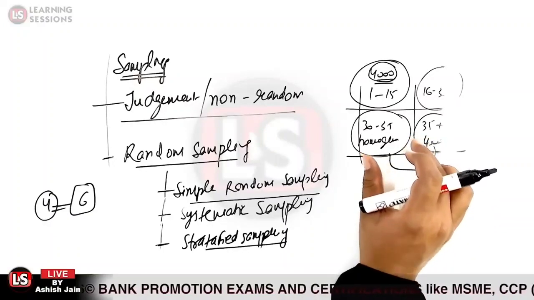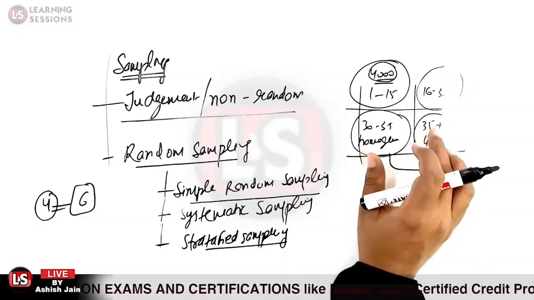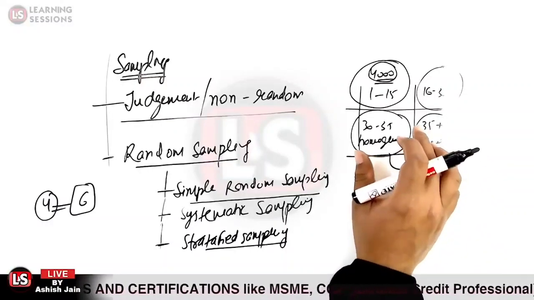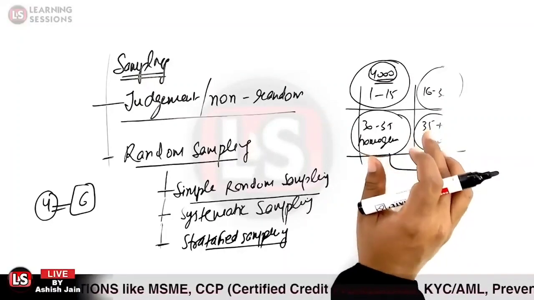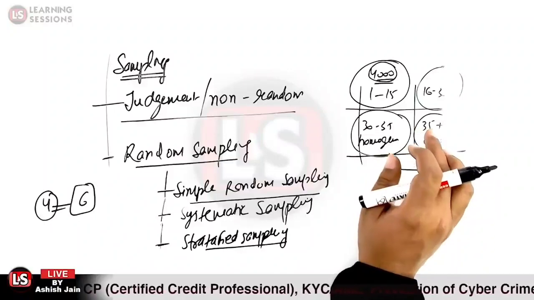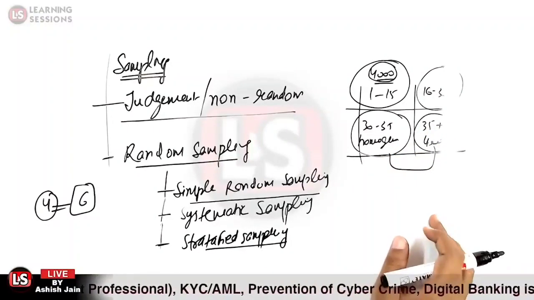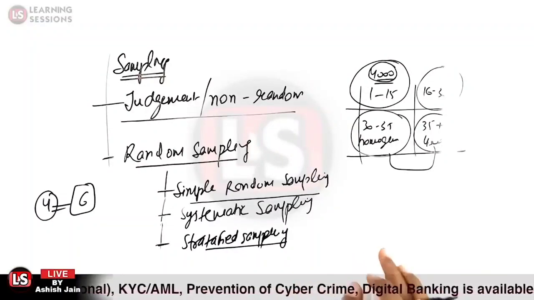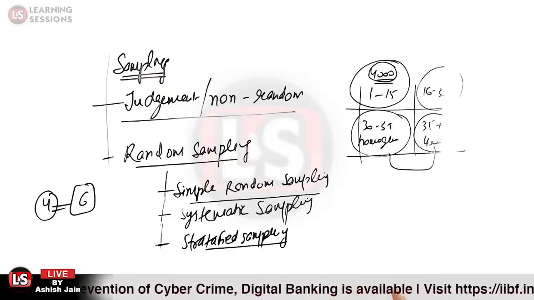So first you form the different strata, different groupings, divide the people into different groups, and then select the candidates out of the strata themselves. That type of sampling is said to be stratified sampling, because we formed different strata.